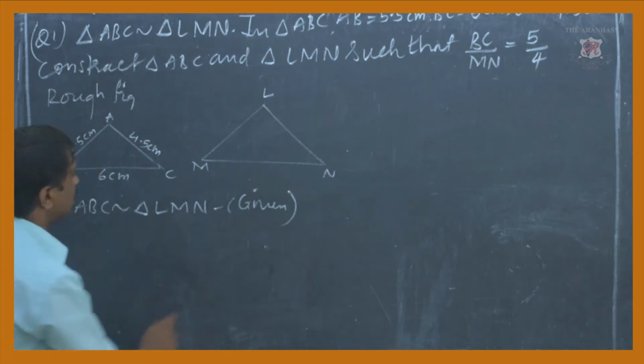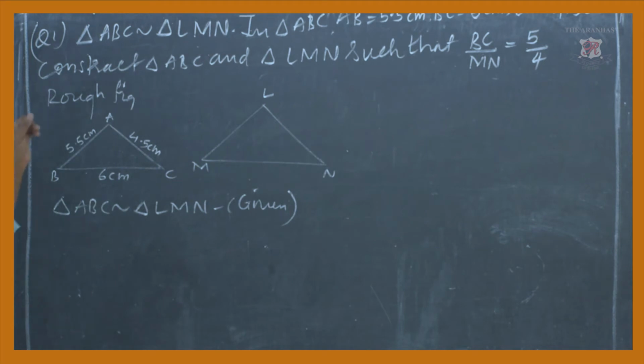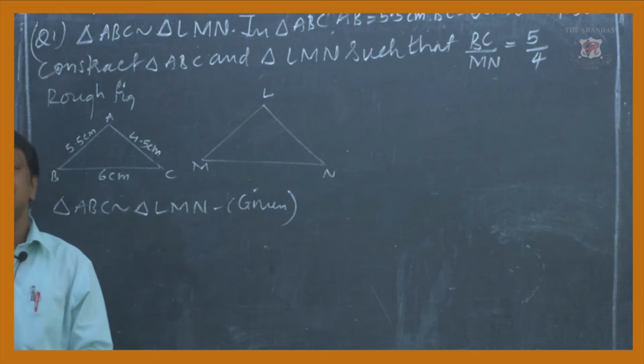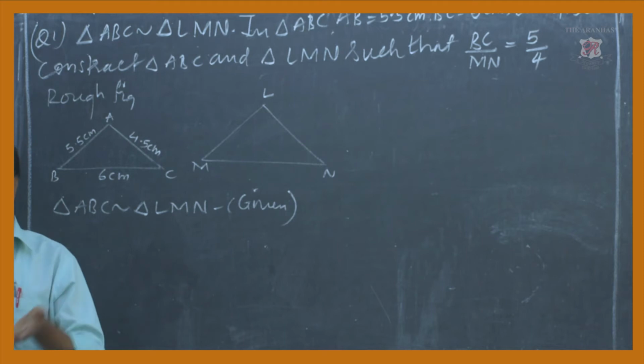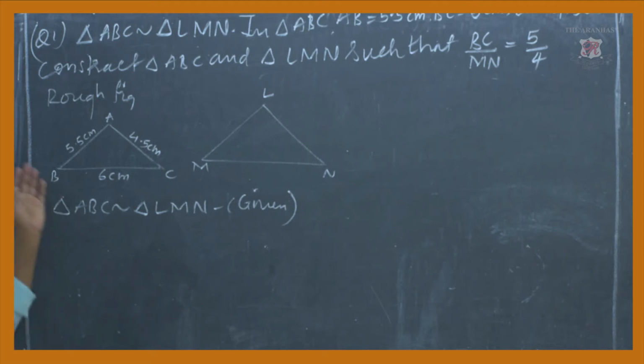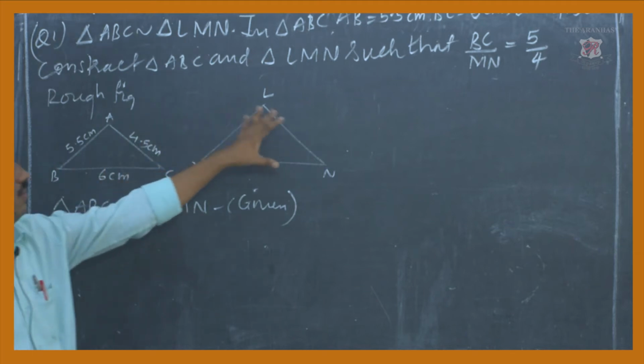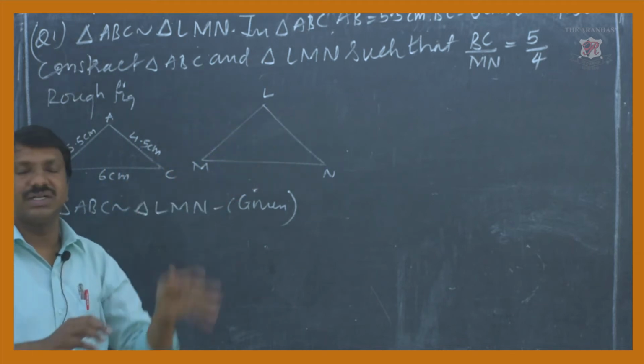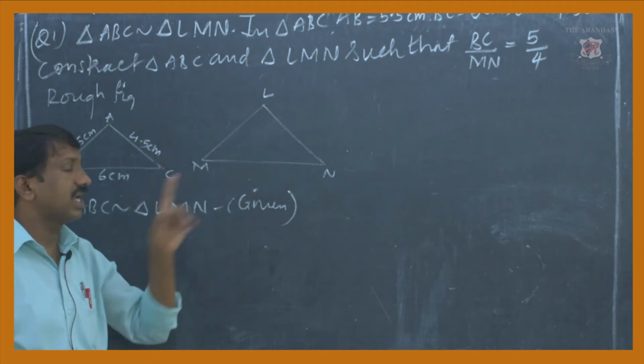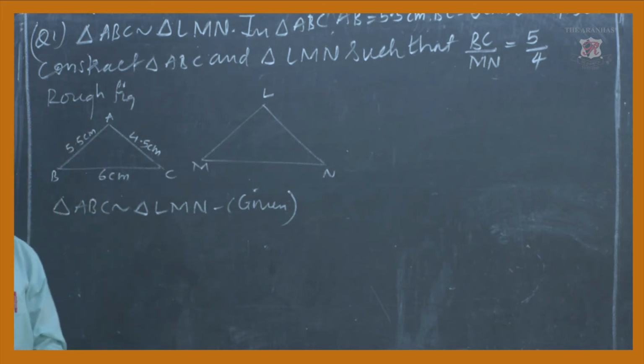If you observe in triangle ABC, they gave us all three sides. So it is possible if you know all three measurements of the sides; no need of the angles, the information is sufficient. We only have to find the measurements of the remaining corresponding sides of triangle LMN. And how are we going to get them?